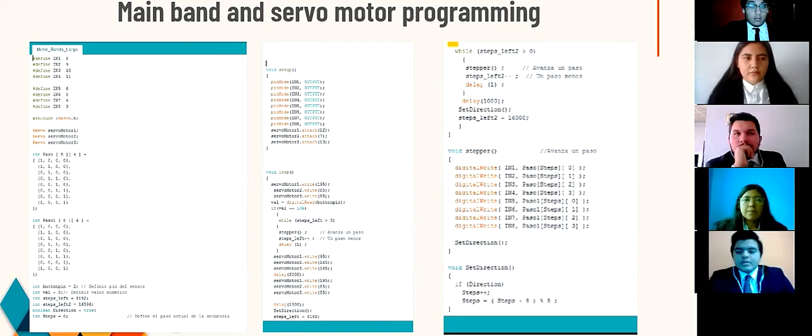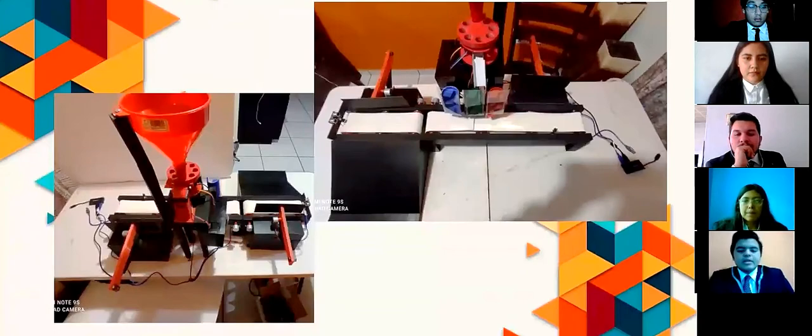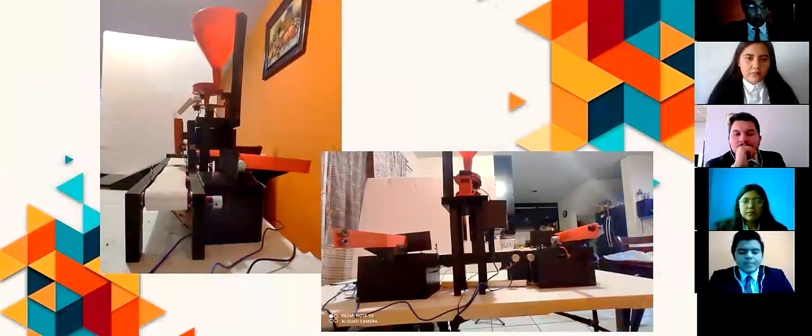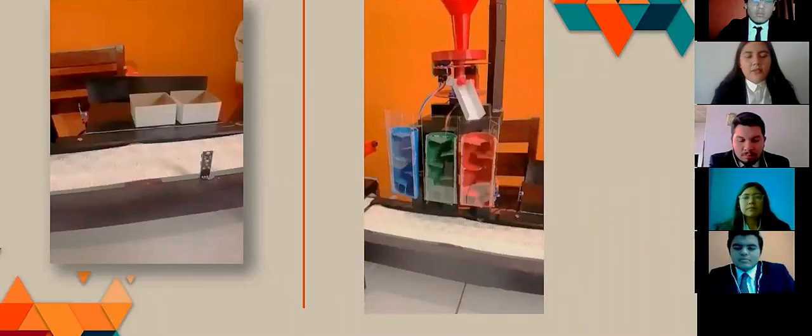And also when the boxes are under the containers, the servo motors below the containers will open so that the candies can fall into the boxes. After that, it will keep moving. And this is how a candy sorter works.